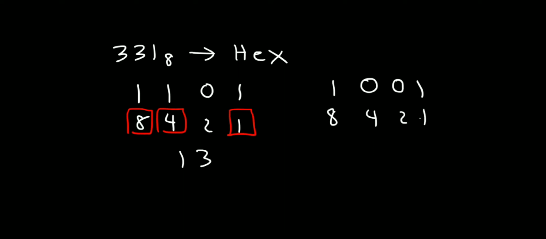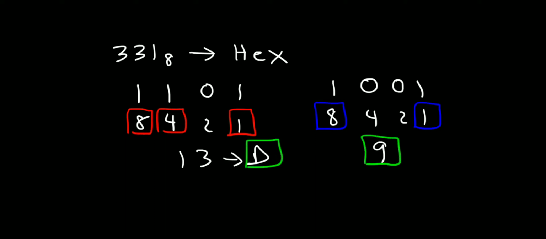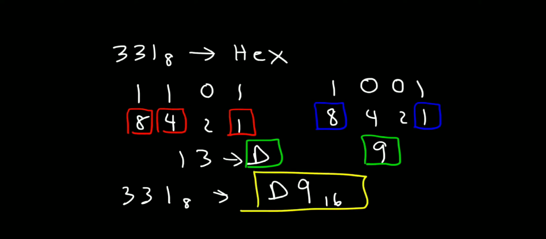Now 8 4 2 1 again we will write, and 8 and 1 we can add, so it is 9. Now we will not write 13 directly, we will give the code, and this is D 9. So our answer is D9 in hexadecimal with a base 16.